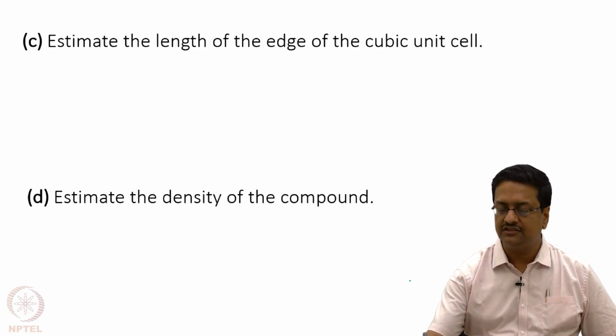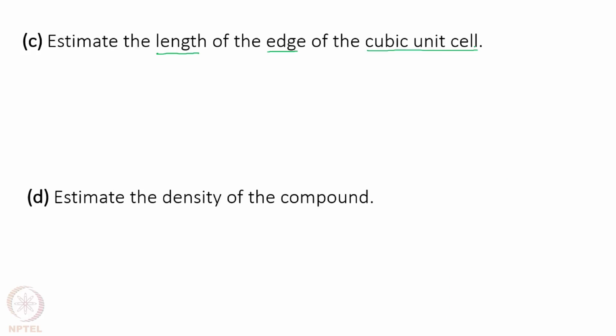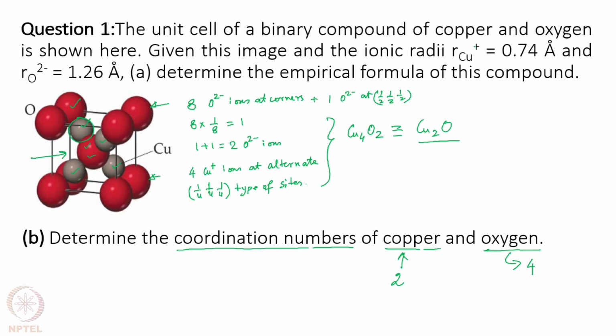Now, the next question is to estimate the length of the edges of the cubic unit cell. What we see here is that this particular structure has a packing along the diagonal in such a way that you have R anion, this part is 2R cation, this part is again 2R anion, this part is 2R cation, and this is again R anion.